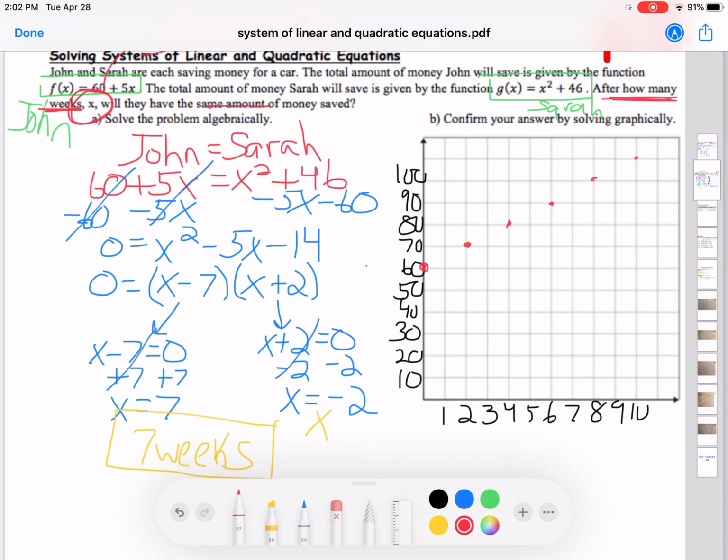So my first line here, this is going to represent John, so we can label this as John. He was our linear function. And then let's go ahead and plot Sarah.